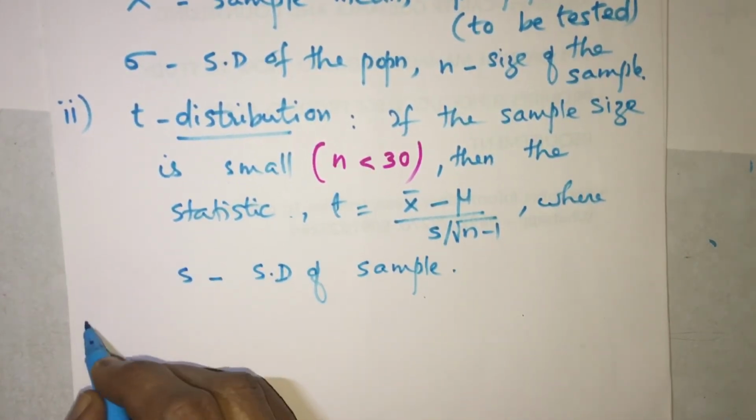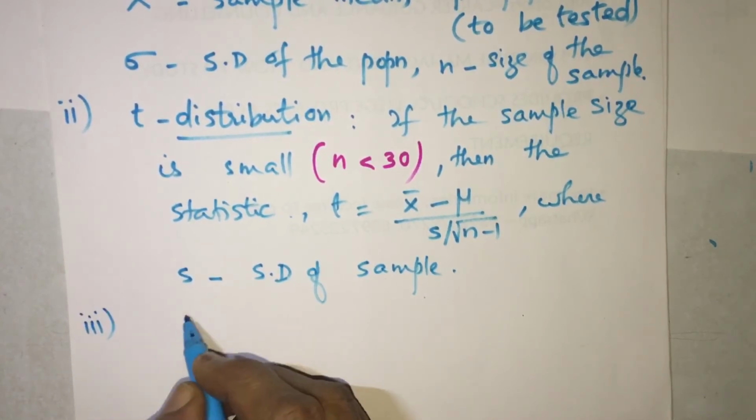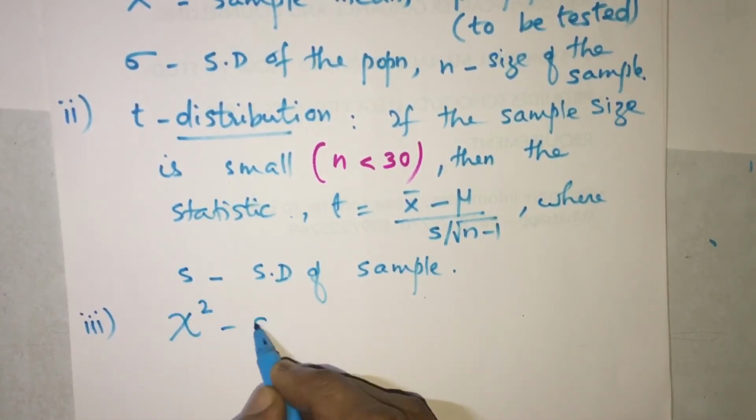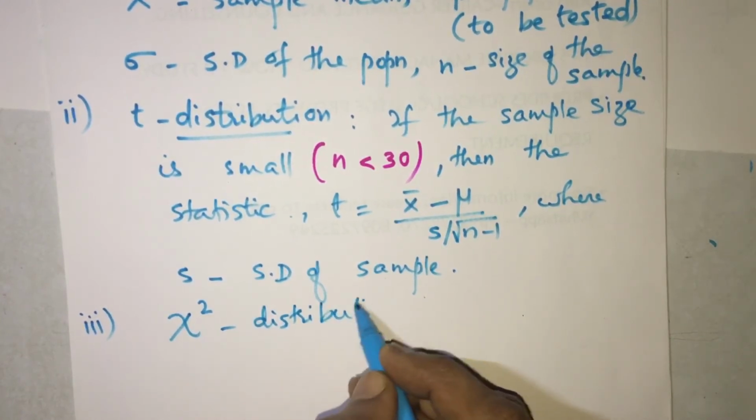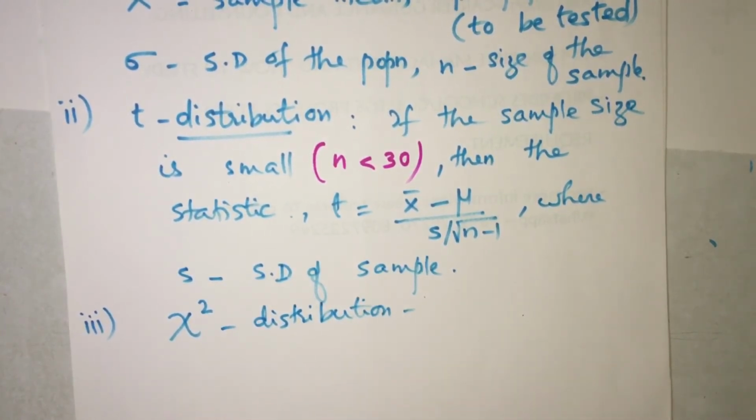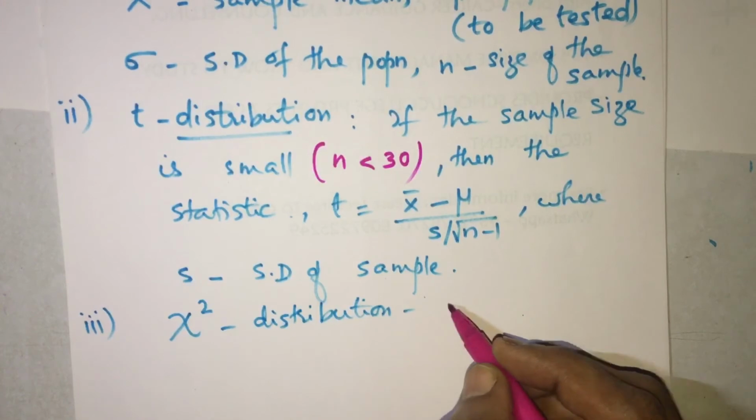And the third one is called the chi-square distribution. This is one of the most important distributions.